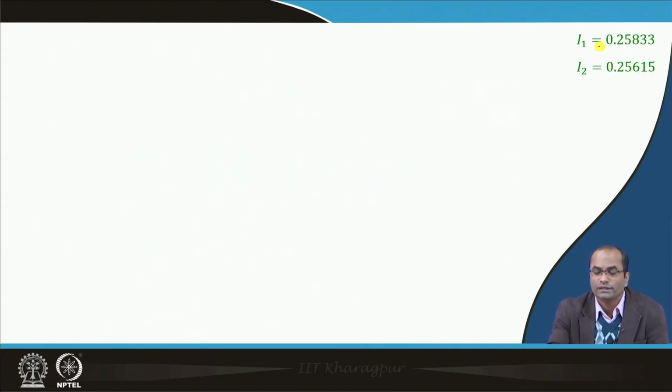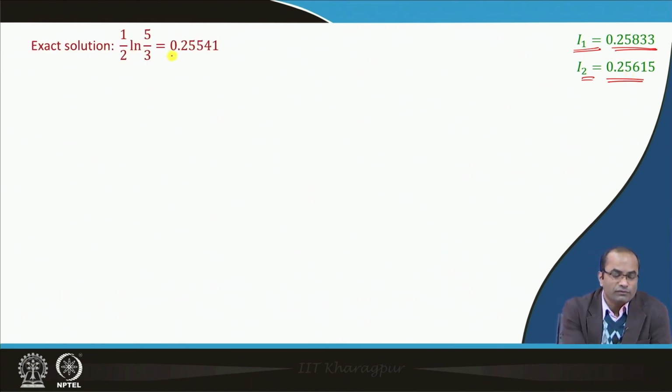So, taking h equal to 0.5, we have 0.25833, and taking the smaller h equal to 0.25, we are getting 0.25615. The actual value in this case is 0.25541.